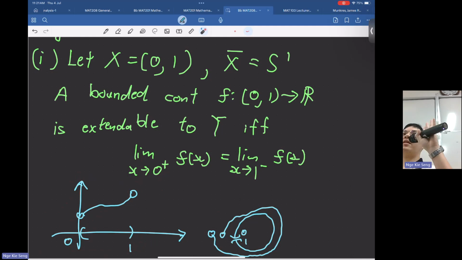So you fold the plane and it becomes a cylinder. So what happened to your function? Your function lives on the cylinder. Can you imagine? So you want to extend it such that the function is continuous.